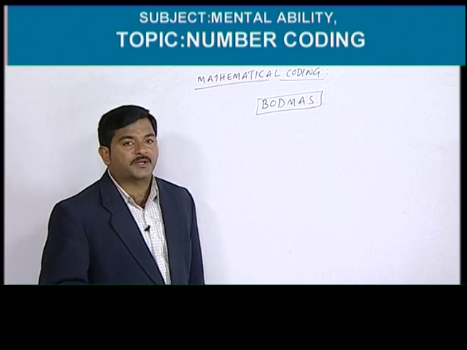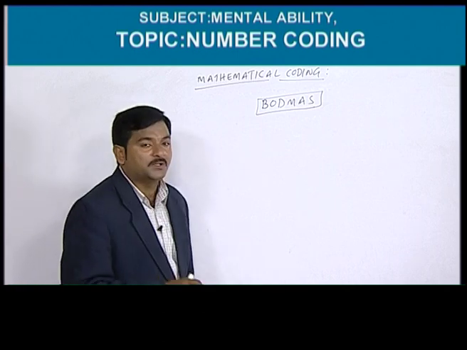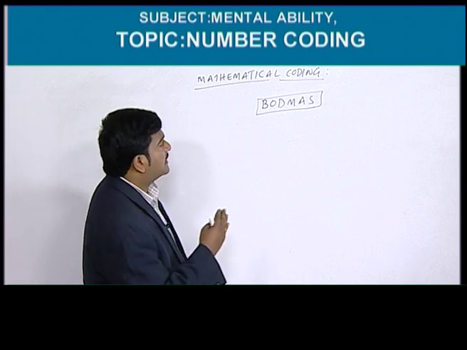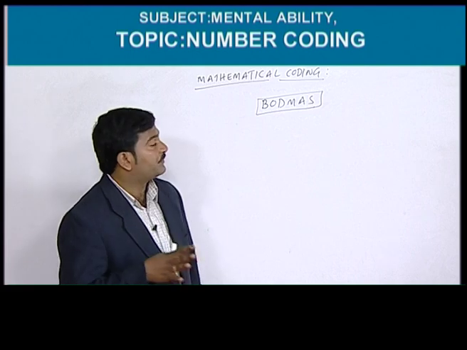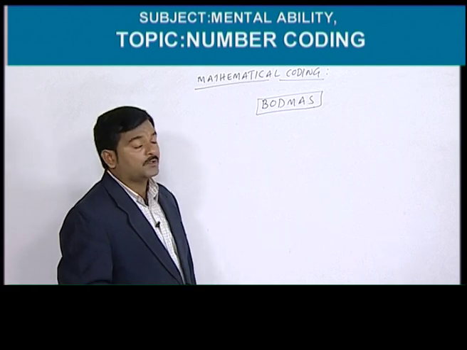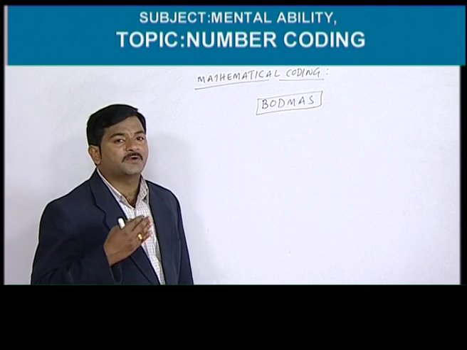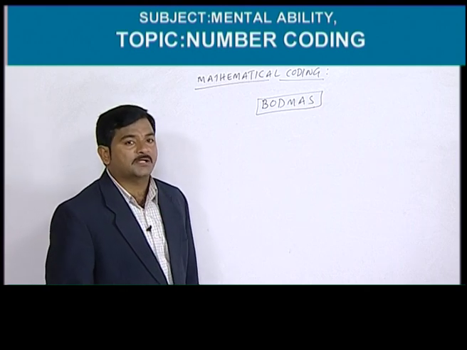In mathematical operations we will discuss the BODMAS rule in detail. Right now we will just have an overview of this mathematical coding. We will discuss 1-2 problems, then the remaining problems or different models we will discuss in the mathematical operations part.